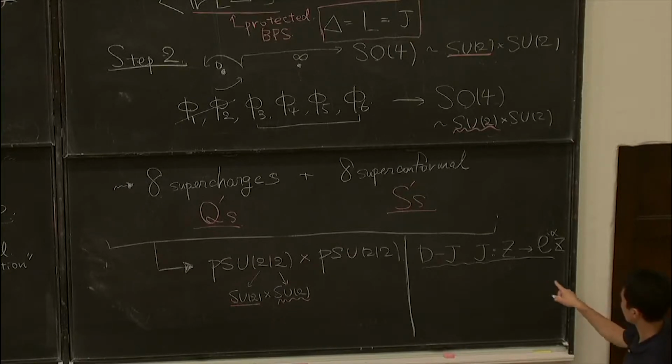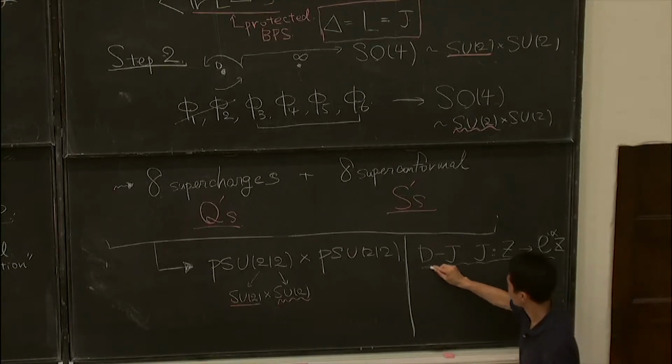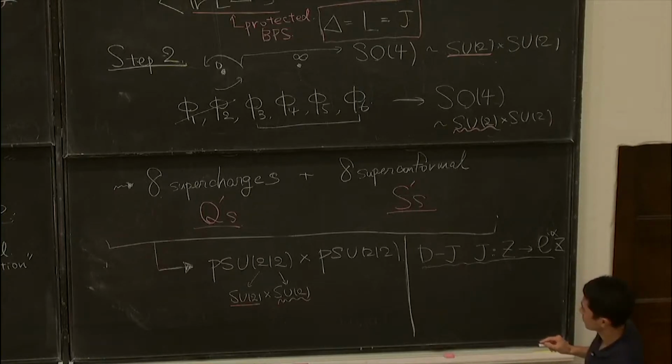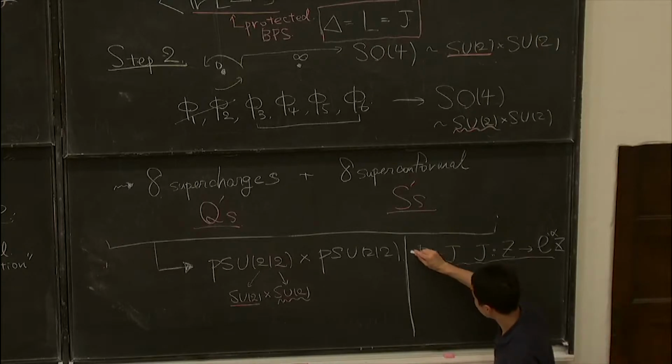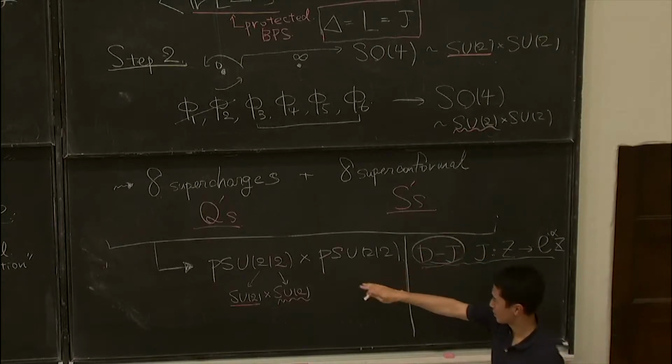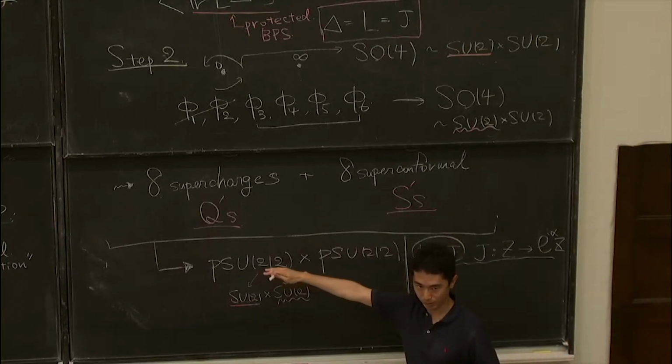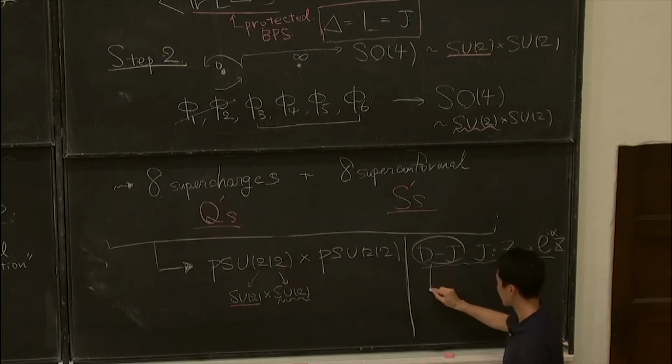Now, the point is that this D minus J turns out to commute with both PSU(2|2)'s. And so this is actually a central charge for this PSU(2|2) squared.